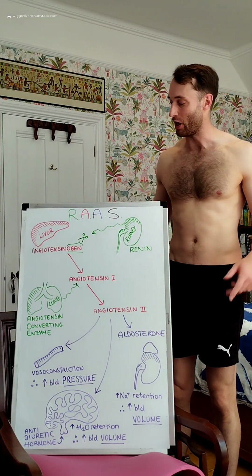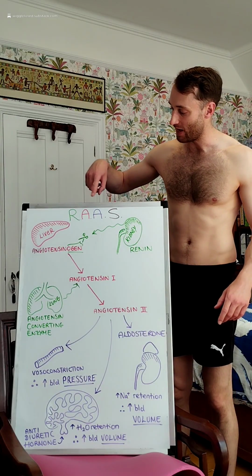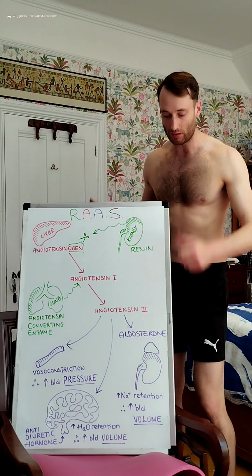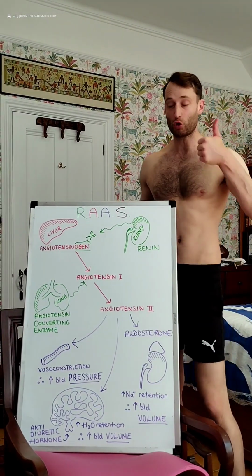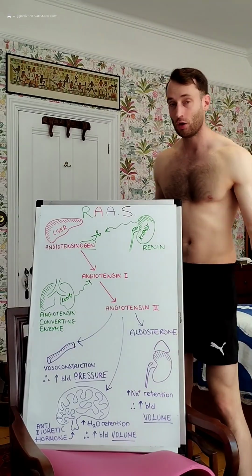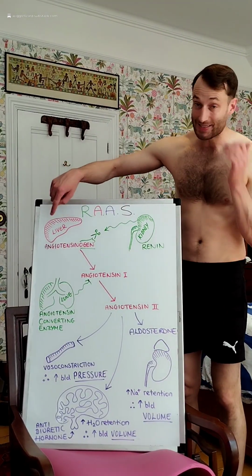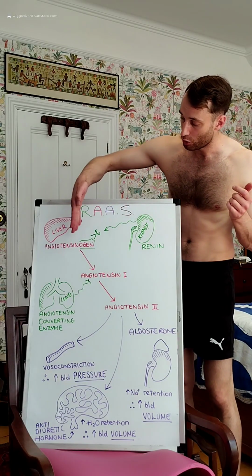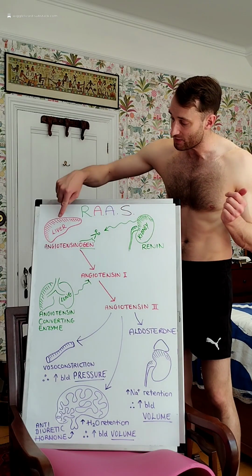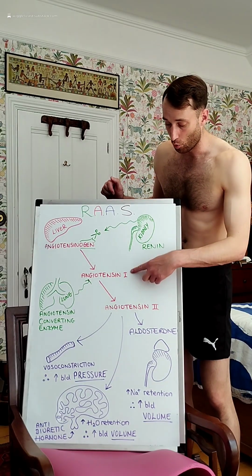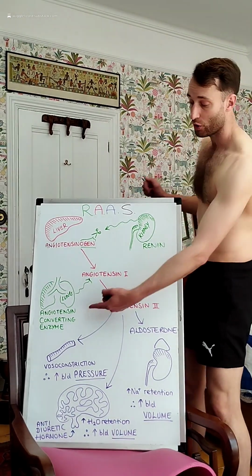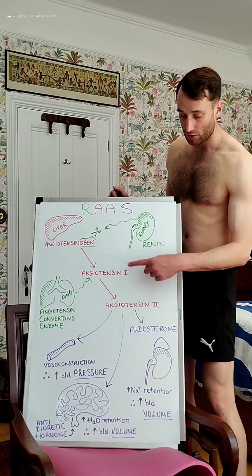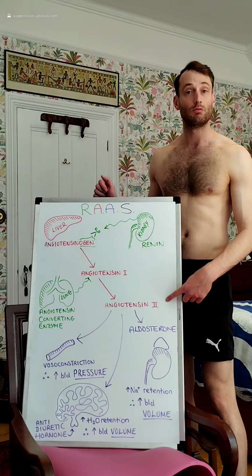So, in summary, the aim of the renin, angiotensin, aldosterone system is to increase blood volume and blood pressure. Angiotensinogen is made in the liver, renin from the kidney comes along, chops off the O-gen and turns it into angiotensin 1. Then angiotensin converting enzyme comes from the lungs and turns it into angiotensin 2.